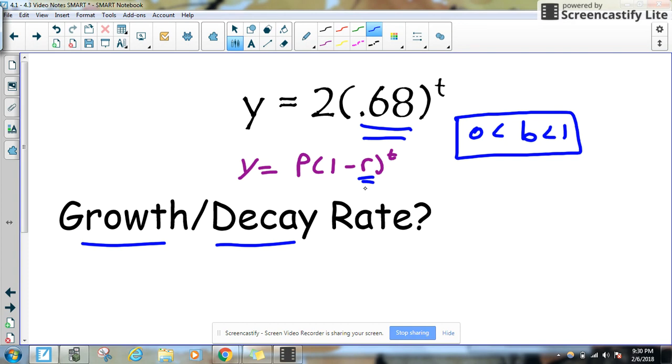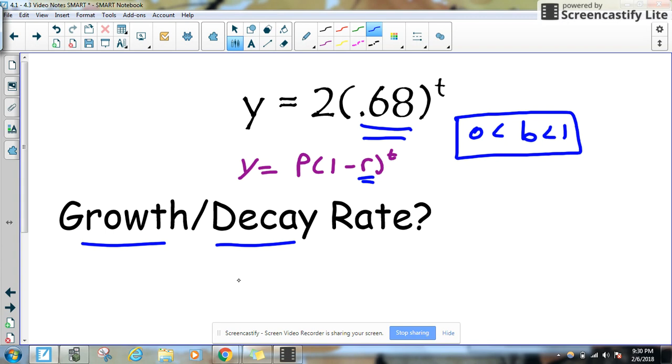In order to understand this, we have to think about everything in terms of 100%. So in order for this to be b, we have to ask ourselves, what would you have to add to 0.68 to get back to 1? And the answer is 0.32.